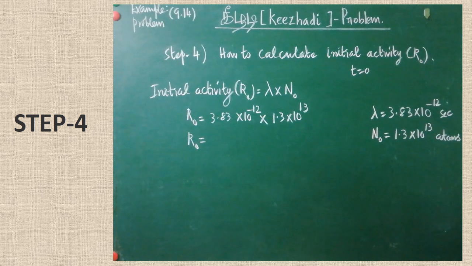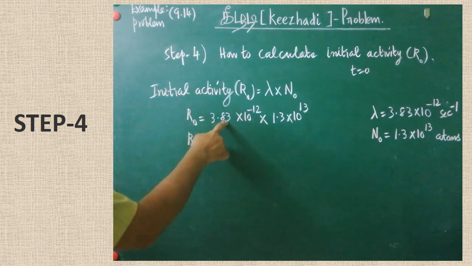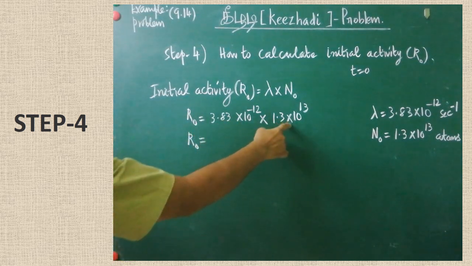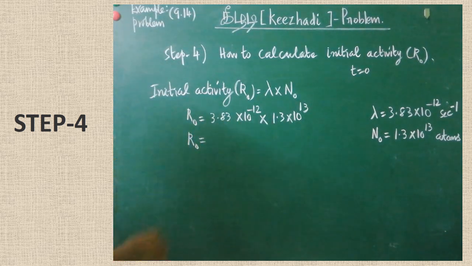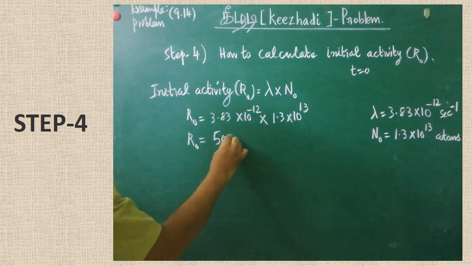Here, the lambda is given in terms of second inverse, so it should be written in terms of second inverse. Note down the units. This is in terms of second inverse, and this is in terms of atoms. Multiply both. After multiplying, the R naught value will be 50.